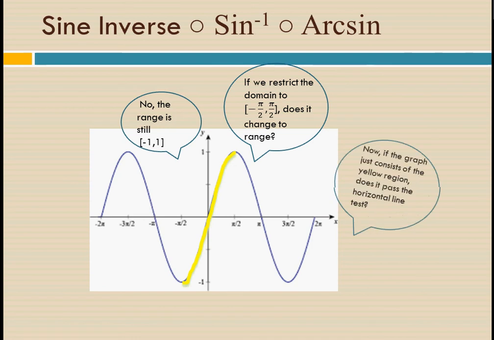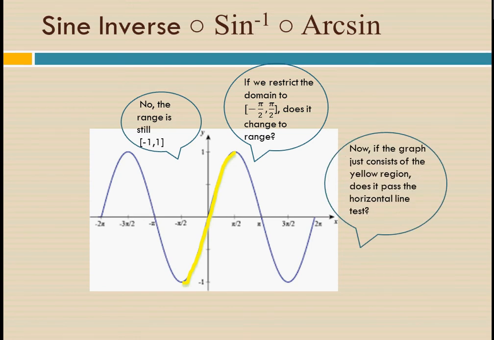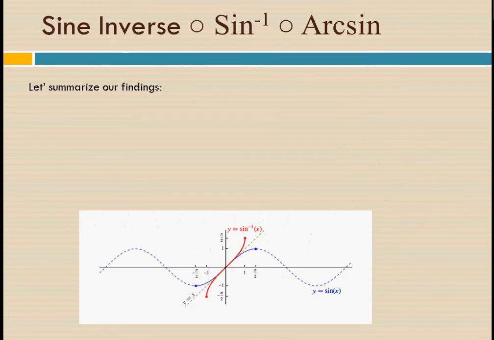Now, if the graph is restricted to just the yellow highlighted part, does this now pass the horizontal line test? Yes, it does. So by restricting the domain to -pi/2 to pi/2, we can now call this a 1-to-1 function and still hit all our possible y values between -1 and 1.